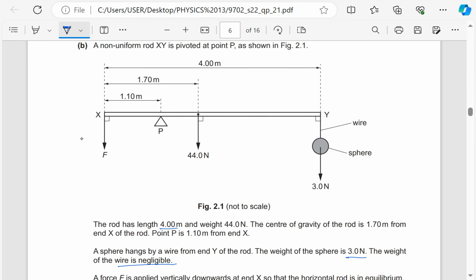So we're taking moments about P. F is pulling the rod in this direction, so it is anti-clockwise. And the weight of the rod is pulling the rod in that direction, which is clockwise. Then the sphere is also pulling the rod in that direction, which is clockwise.